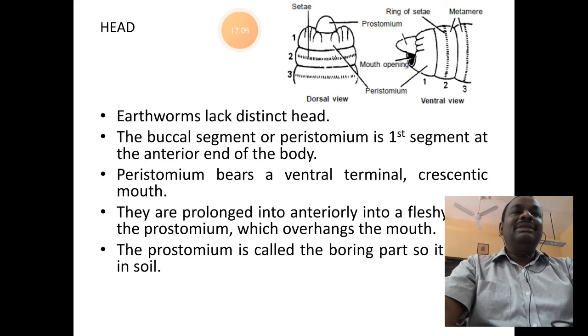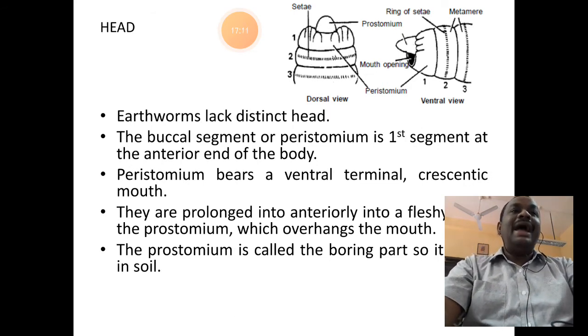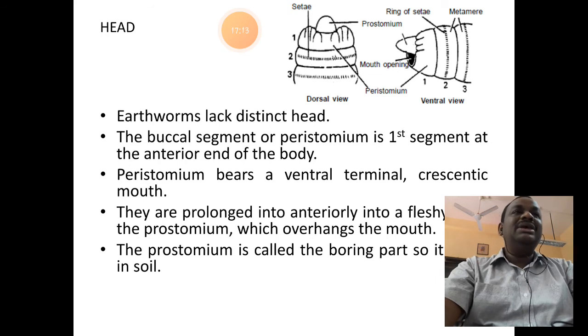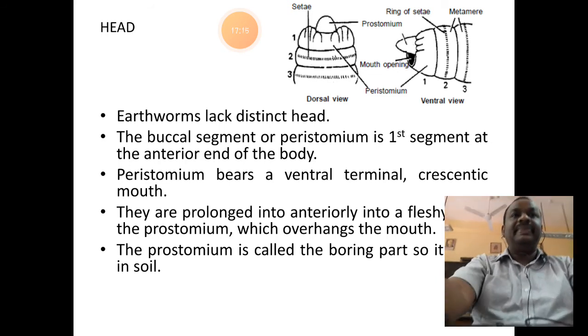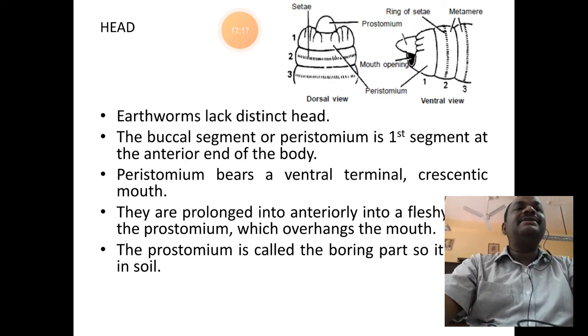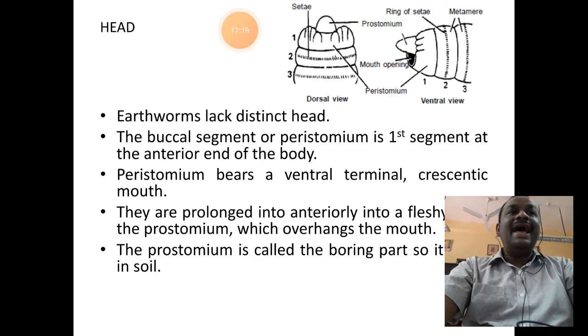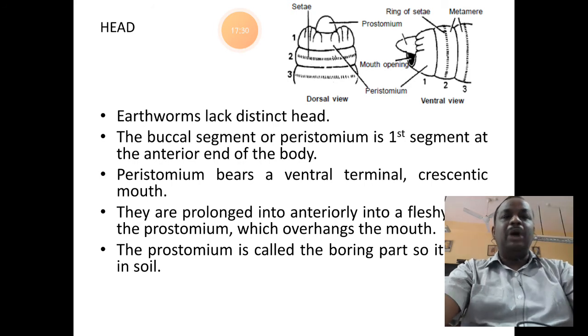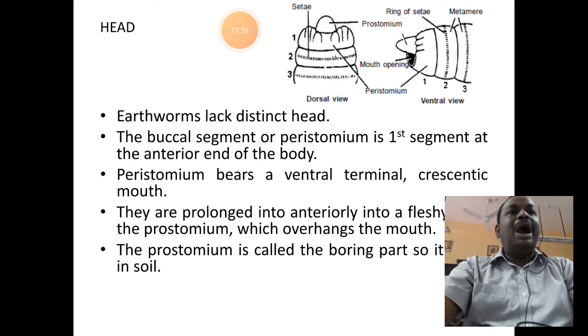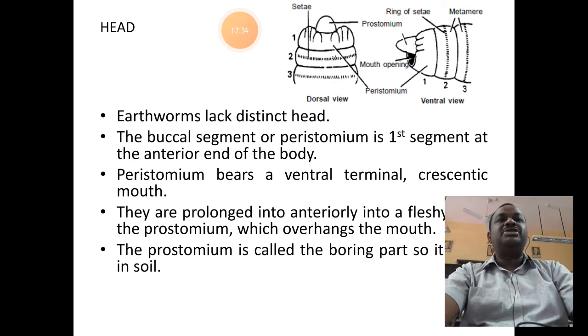Now, the anterior end of earthworm lacks the head, and the anterior end has the first segment, as we have understood, called peristomium or the buccal segment, and peristomium has towards its ventral side the opening of the mouth.